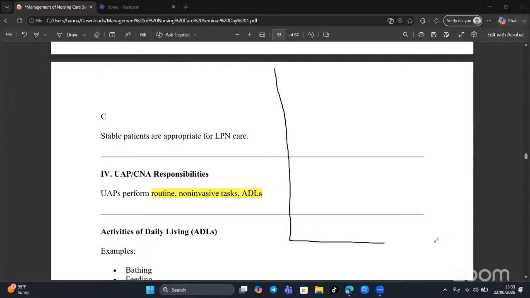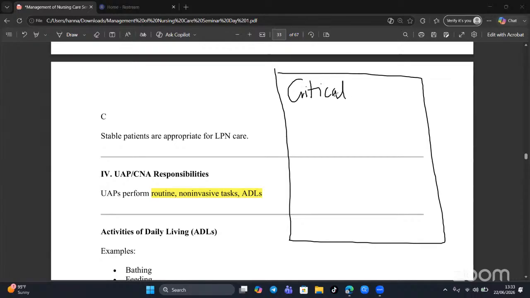Before you move further, a question: the patient is in a critical condition. Can this temperature routine be assigned to healthcare assistants, or should the nurse go on and do it by herself?